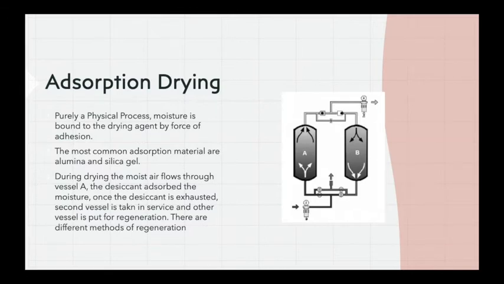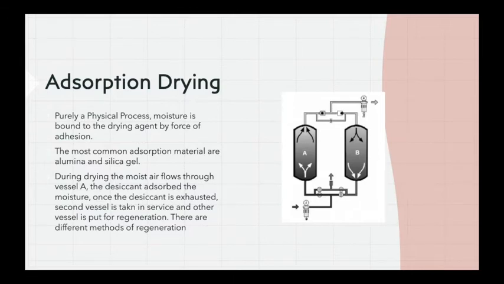Heated air, when made to pass through it, takes all the moisture with it from these alumina or silica gel particles, and thus the desiccant again becomes available for working.